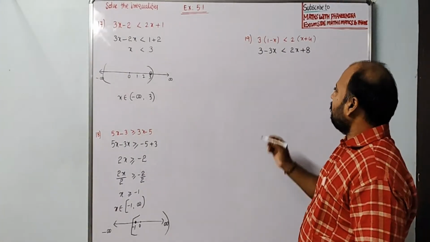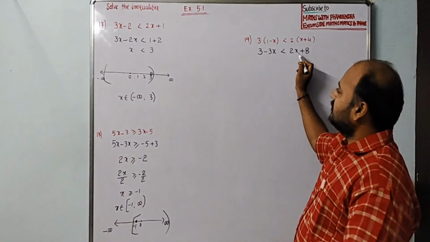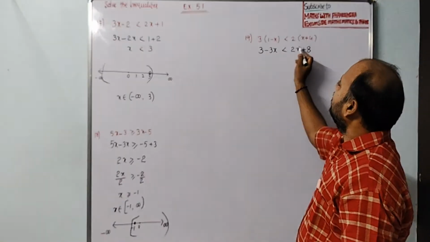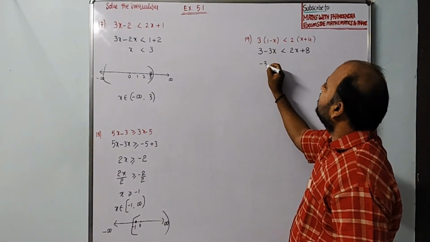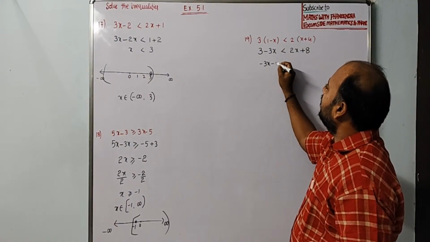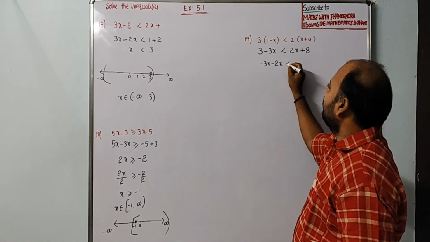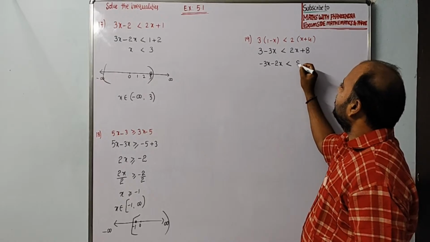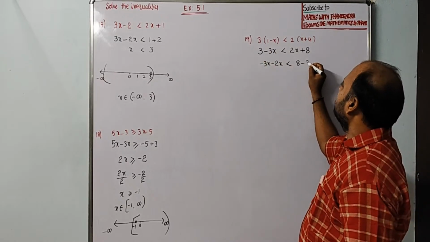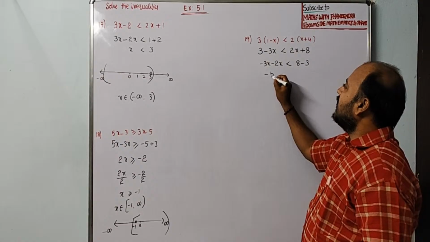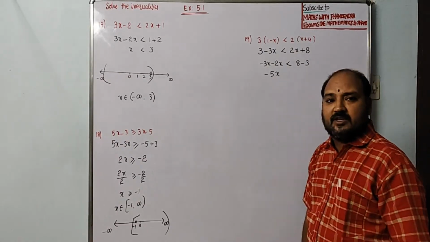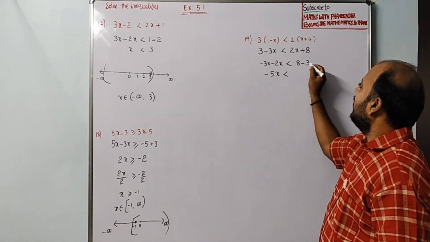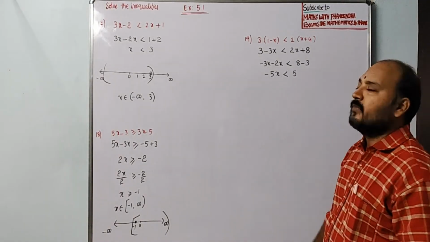Now, we try to bring all the variables to one side, this side. Minus 3x is already there. 2x we are bringing to this side, so minus 2x is less than 8. Here 3 bringing this side means minus 3. So minus 3x minus 2x is minus 5x, less than 8 minus 3, which is 5.